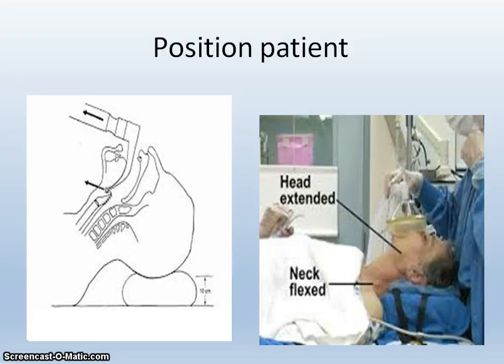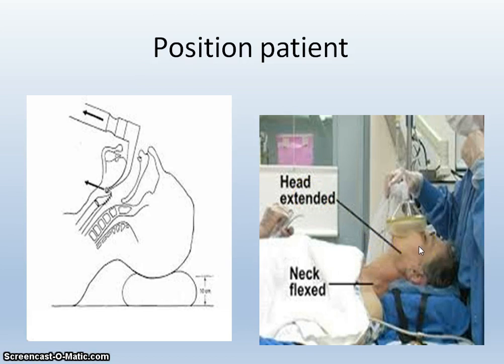After getting the things ready, positioning the patient is important. We're trying to put the patient into what we call the sniffing position, like sniffing the morning air. You get the sniffing position by elevating the head, flexing the neck and extending the head.